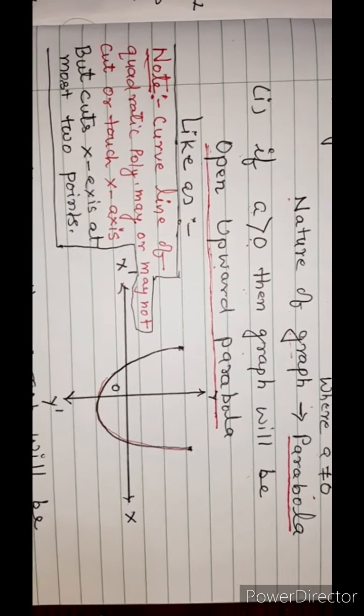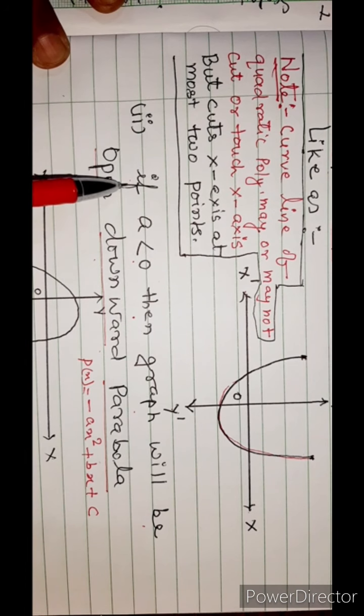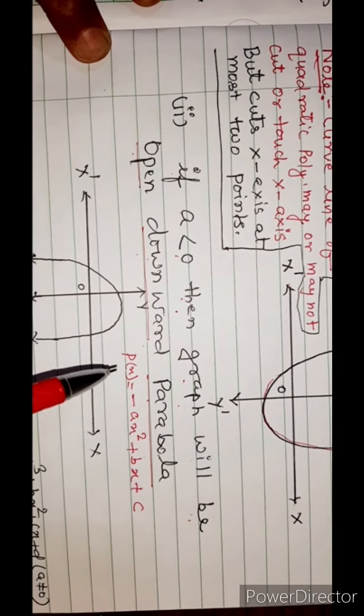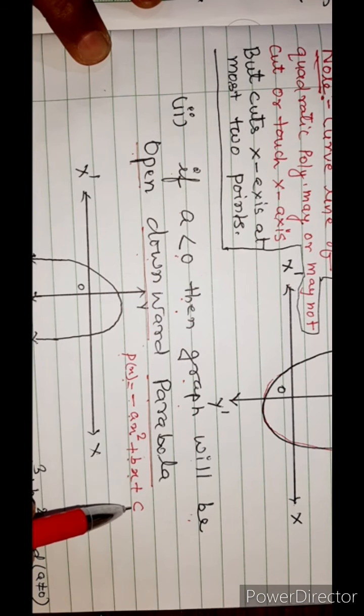Second condition, look here. If a is less than 0, then the graph will be an open downward parabola. It means it will open downwards. Here I have written, suppose p of x is equal to minus ax square plus bx plus c.